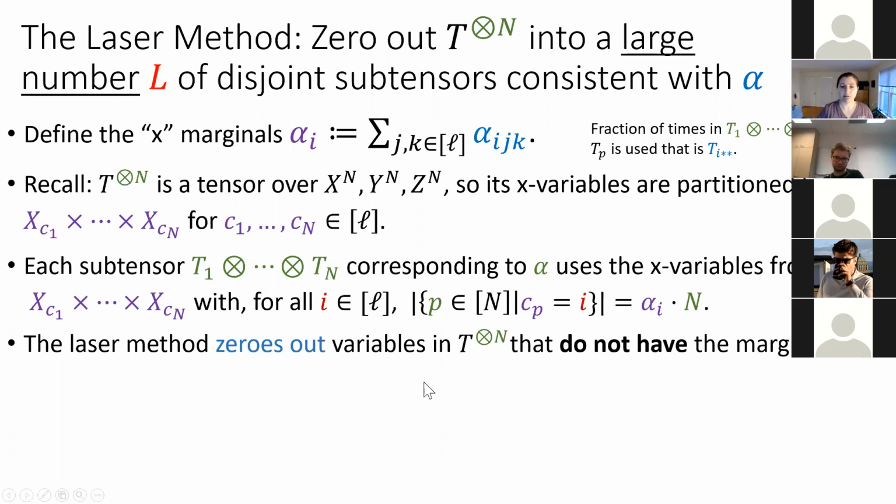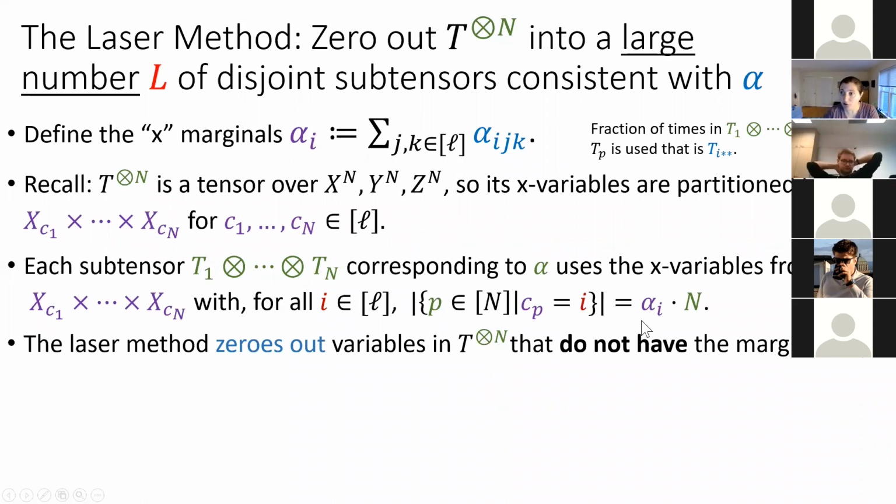So what the laser method does is it picks some marginals, it sets the marginals to some value, and then it zeroes out all the variables in the nth power that do not have those marginals, right? So if I fix that alpha sub 1 is 0.9, then I will zero out all the variables that do not have 0.9n choices that fall in x sub 1 in each part. Okay.